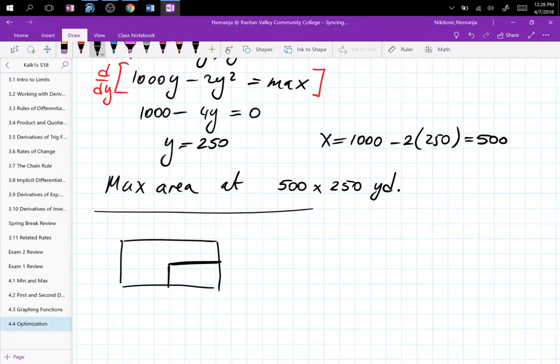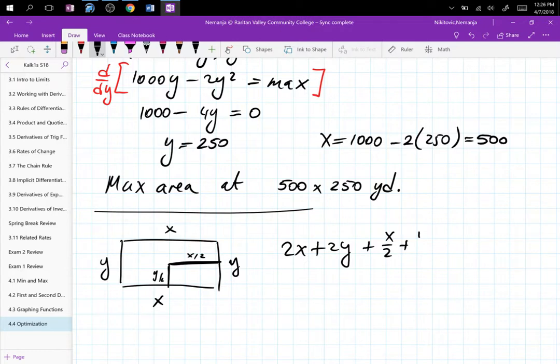So what do you have? You have a big X over here, a big X over here, a big Y and a big Y, and then Y over 2 and X over 2. So what's the perimeter plus the insides? It's 2x plus 2y, that's the going around, plus x over 2 plus y over 2 equals 2000, and still xy equals a max for maximum area.